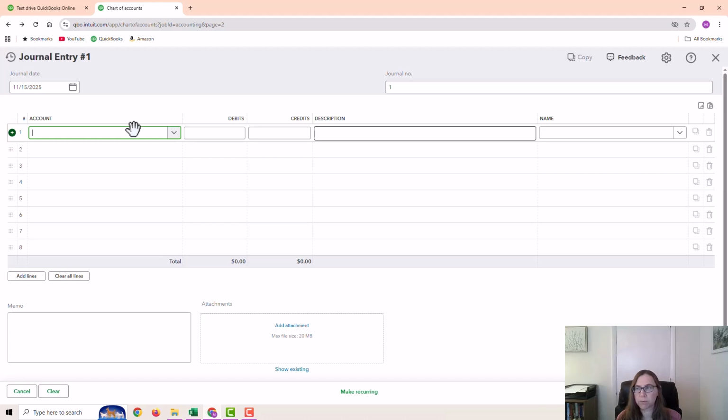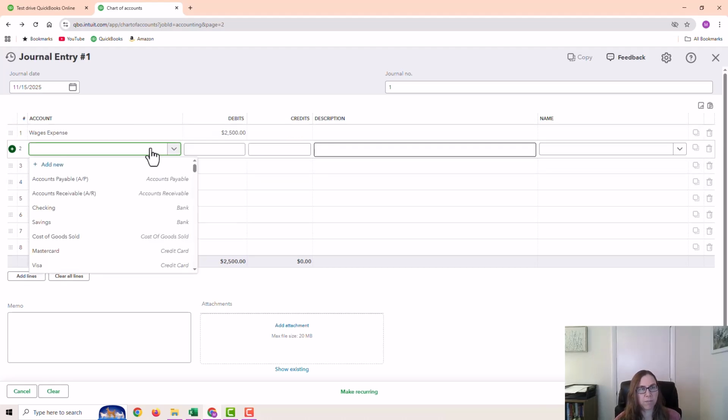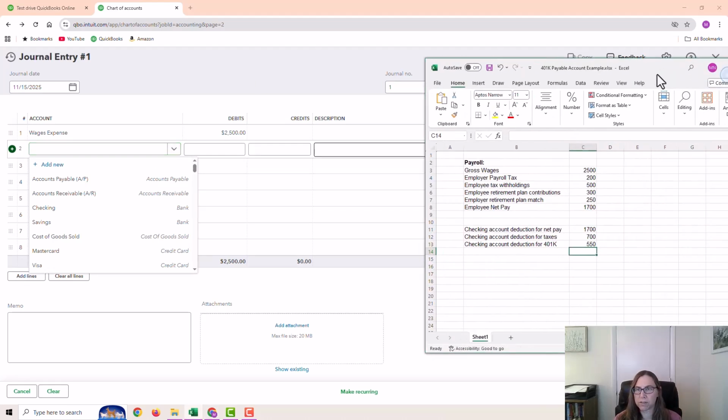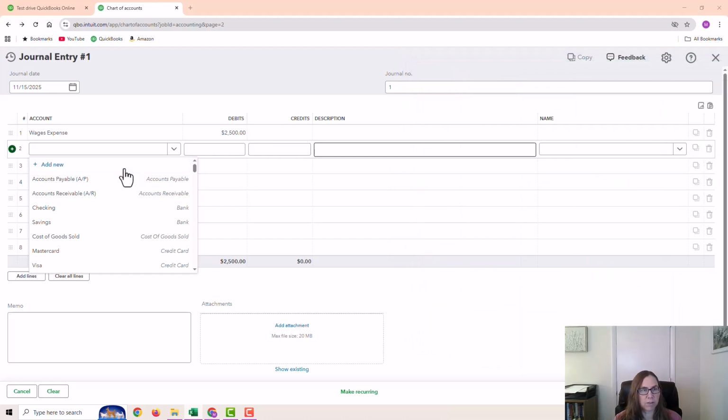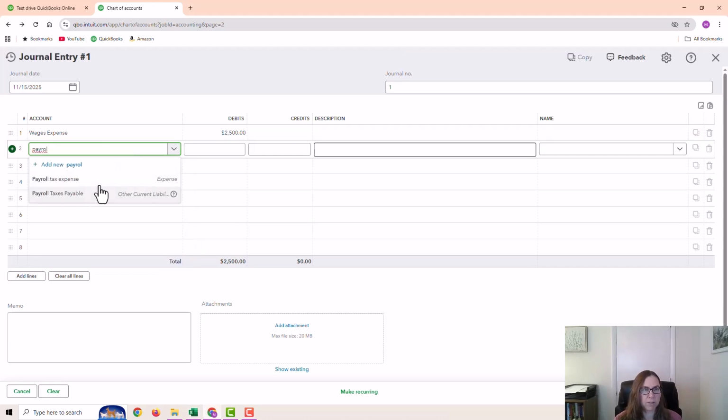Okay, so for gross wages, first of all, I would put that in a salary expense or wages expense account, and I have a wages expense account set up. The payroll taxes of the employer, that was $200. The payroll taxes of the employer, that's going to be a debit to an expense account. So I set up the payroll tax expense account.